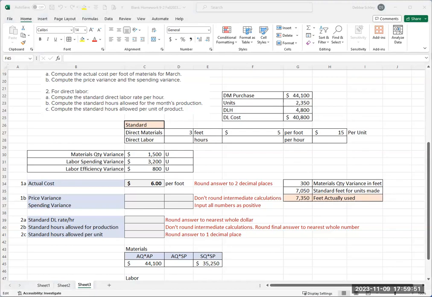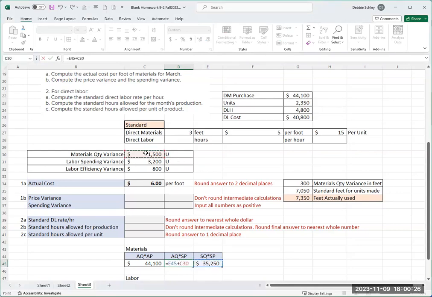my actual quantity, standard price. Let's see, and we're still talking about materials. And if you'll recall, $1,500 of direct materials that I used too much of, so it was unfavorable. And so if I take the standard quantity, standard price, plus my unfavorable materials quantity variance, that will give me AQSP.